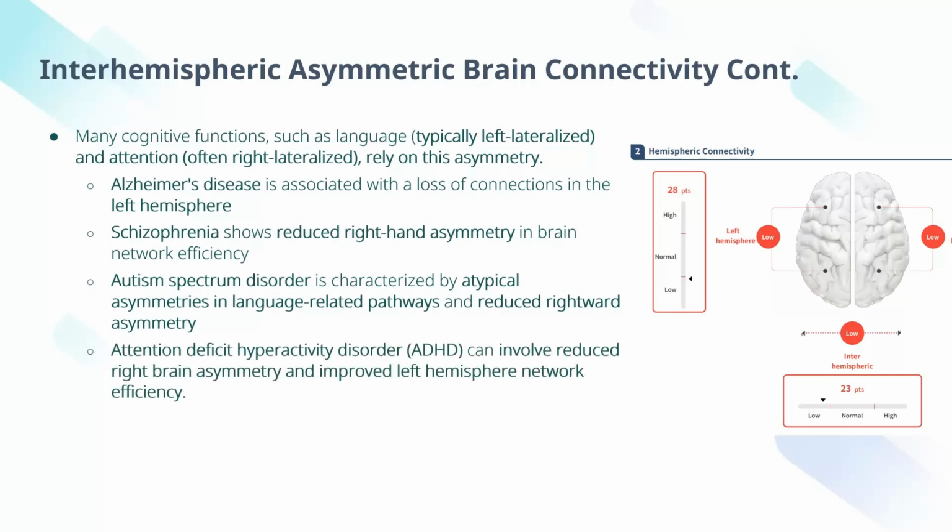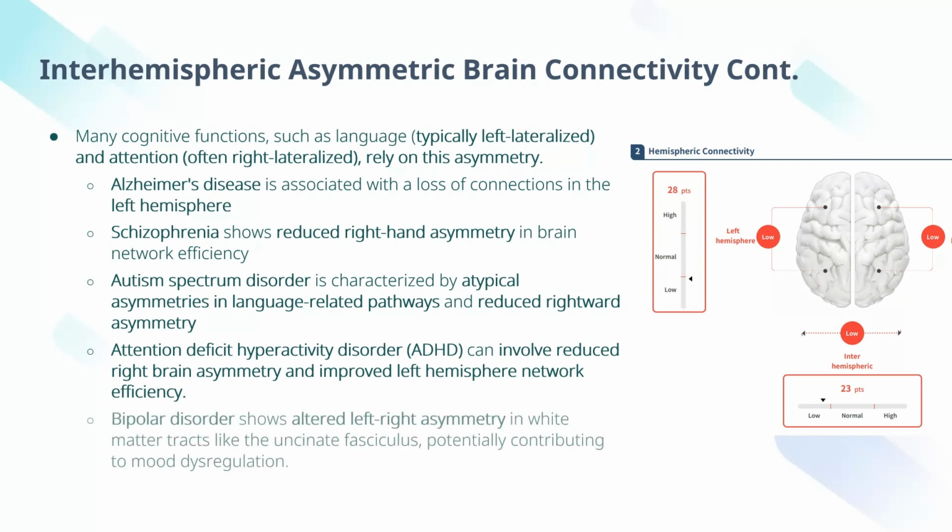And ADHD can be related to reduced asymmetry on the right brain and improved or overactive left hemisphere network efficiency. And even bipolar disorder, you can see altered left-right asymmetry. Specifically, this has been found in the white matter tracts, and that may be why there is this mood dysregulation.